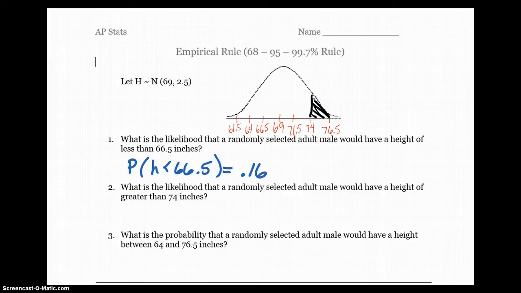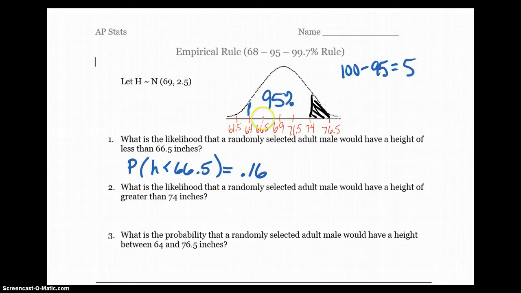That's this tail right here. So we need to use our rules again. So that's 2 standard deviations away. If I go in this direction, then I know that 95% of the data falls in the middle there. So to get each tail, I'm going to do 100 minus 95, which is 5%.